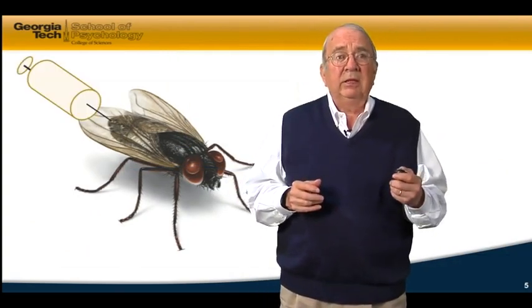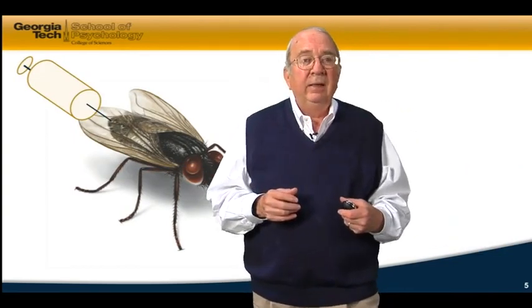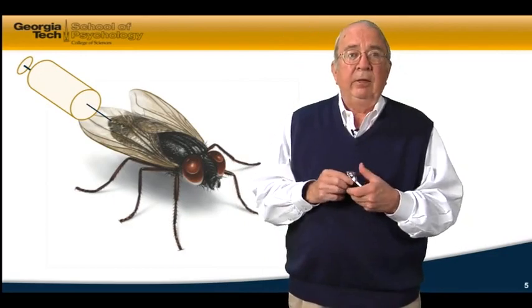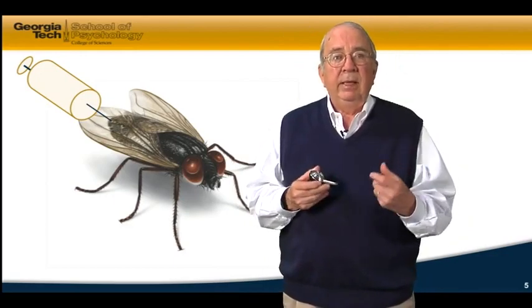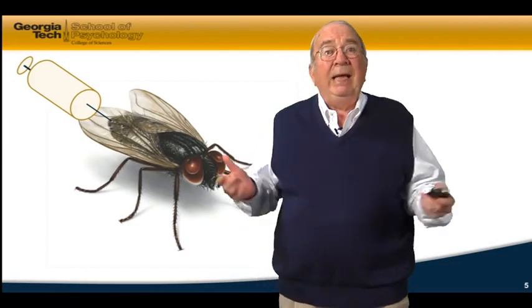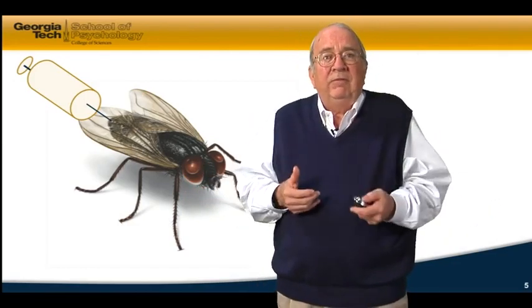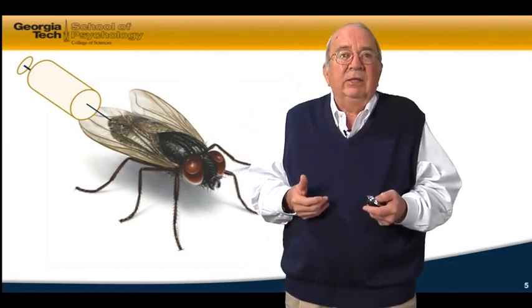But fortunately, the fly has another entrance, and so we simply push food into the gut of the fly from the rear end until it's absolutely stuffed. Then we lower the fly over the sugar water, and the fly eats.